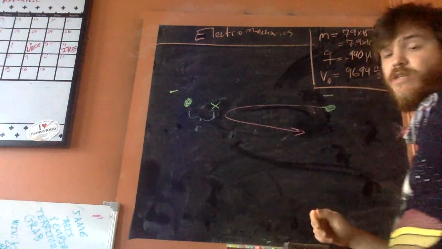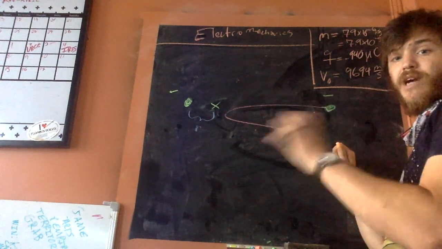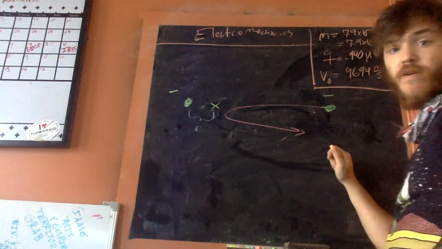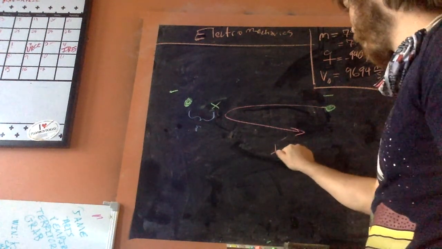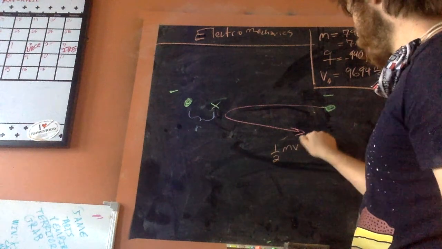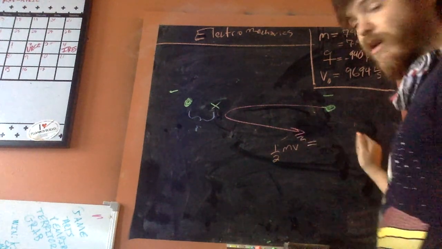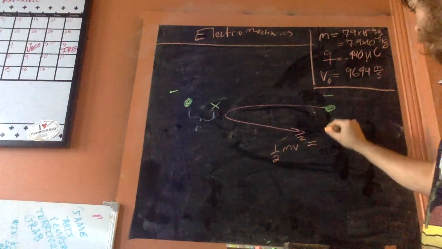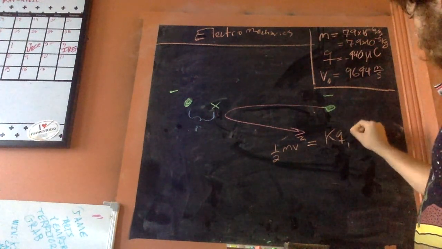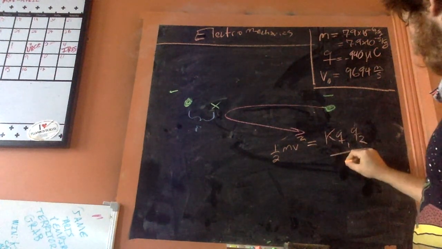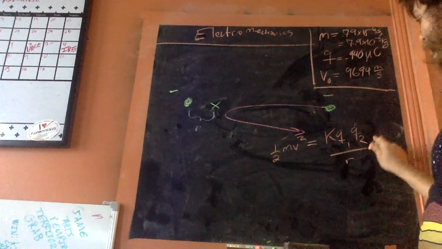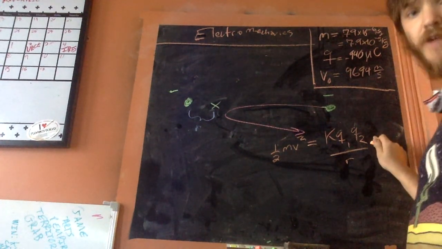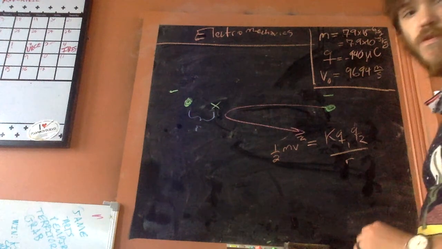So we get 1/2 mv squared. And then the formula for potential energy, which I believe we've gone over before, is equal to k q1 q2 over r. And in this case, q1 q2 is just q squared because q is given.